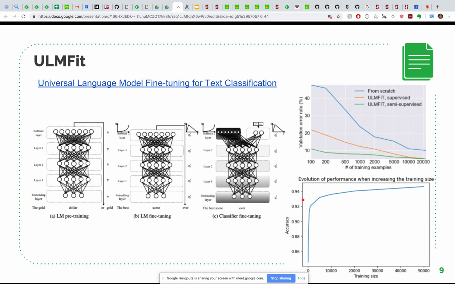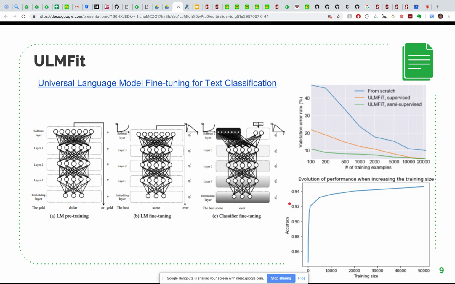And on this image, this was an experiment we did a few months ago. We just applied the same methodology to another dataset, an Amazon reviews dataset, and we saw that even with a few hundred labeled reviews, the model was able to make very good predictions.